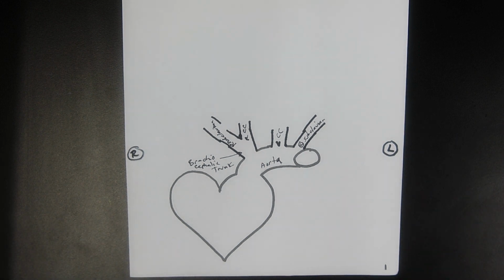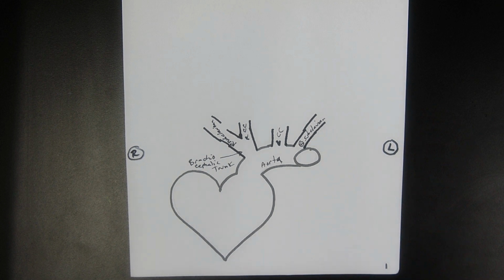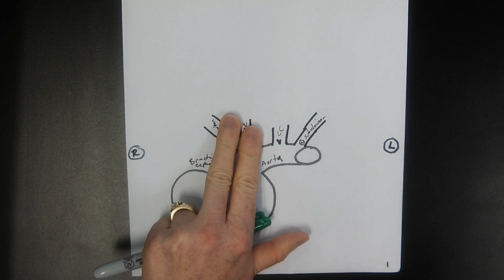Okay, thinking about the posterior blood supply to the brain, it's going to happen on both the right and left sides. What major artery of these two, starting on the left side, is going to supply the posterior part of the brain with blood? Does anybody know? Is it subclavian or carotid?